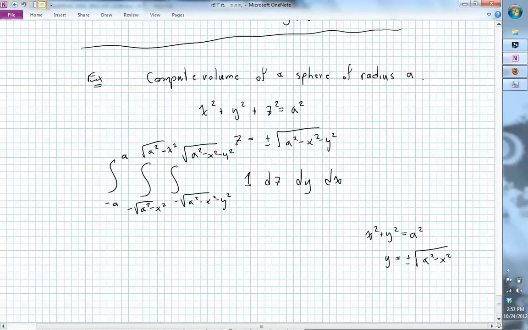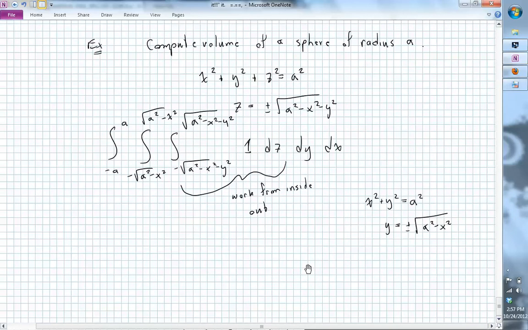That's pretty messy. Let's stick with Cartesian for a little while here. The way that you do these integrals is very similar to the way that you do double integrals. You work from the inside out. So that first integral is actually not too bad, right?